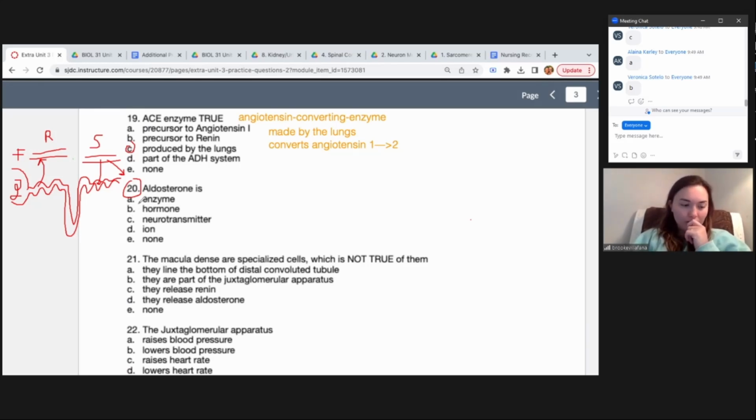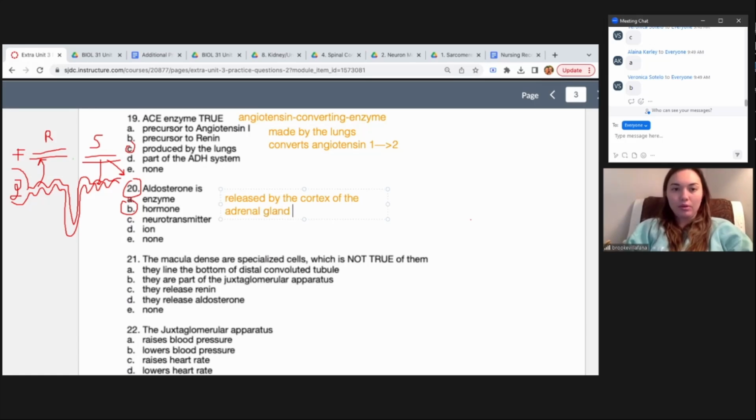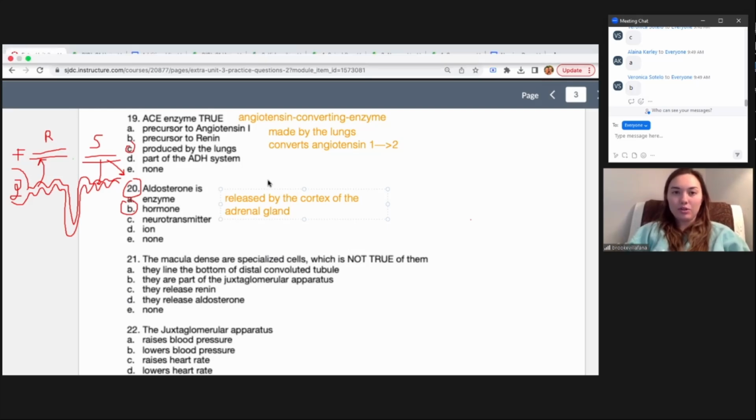So aldosterone is a hormone and it is released by the cortex of the adrenal gland. Okay. So aldosterone is that hormone released by the cortex of the adrenal gland.